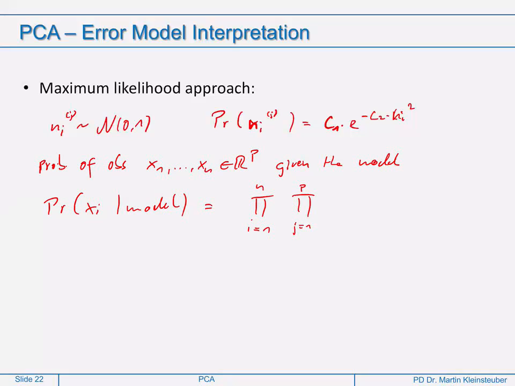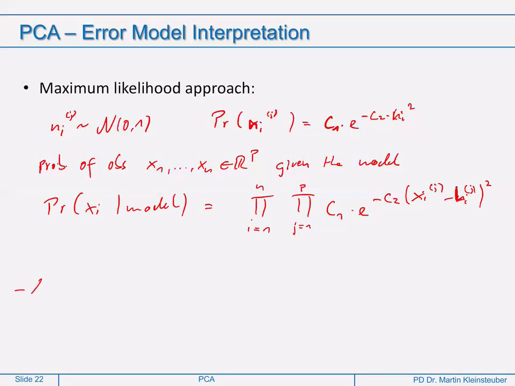And we have C1 times e to the minus C2 times xij minus lij squared. Right, because the difference between the observation and data that lies in a low dimensional subspace is exactly this Gaussian noise. This is our model assumption here.